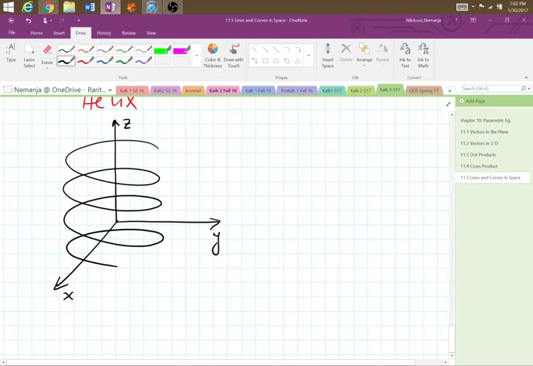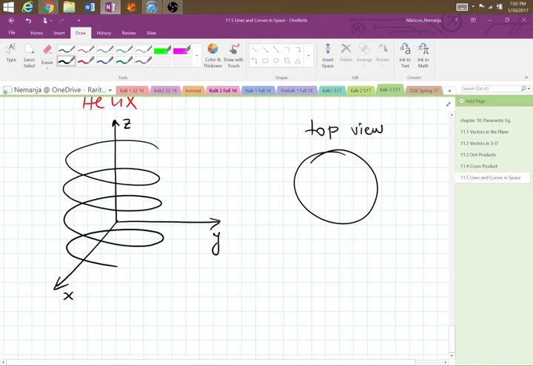So if I put this helix in a box and look from the top, the only thing I'm going to see is a circle. So the top view is only going to give me a circle.